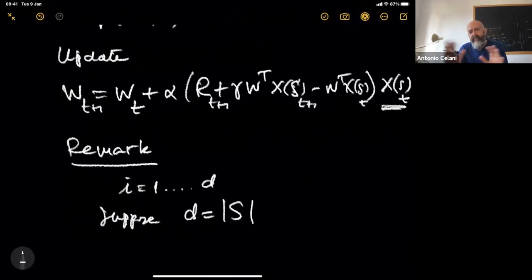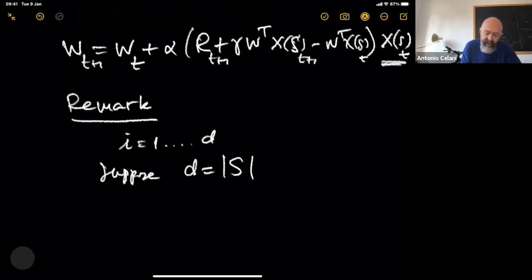Okay, so this is not particularly useful because you're using a set of features as large as the states themselves. So there's no obvious advantage in doing that. All our motivation was to reduce the dimension of the space. So in this case, we are not doing that.